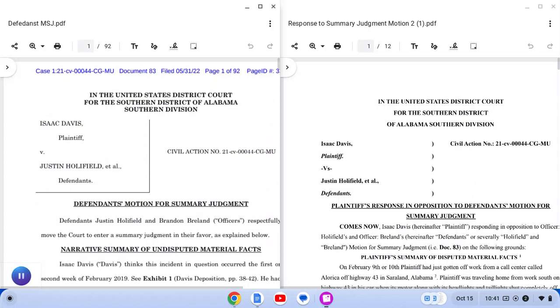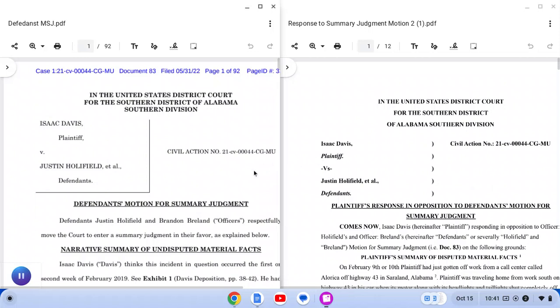Now, if you look on the docket for my case, you will see their motion for summary judgment, but you won't see my response in opposition to it because we settled the case before I filed it. I think we settled back in June of 2022, something like that. So we settled the case in federal court, and they cut me a check or whatever.